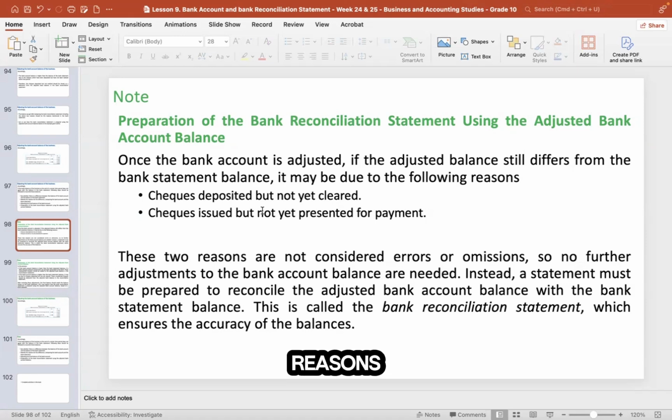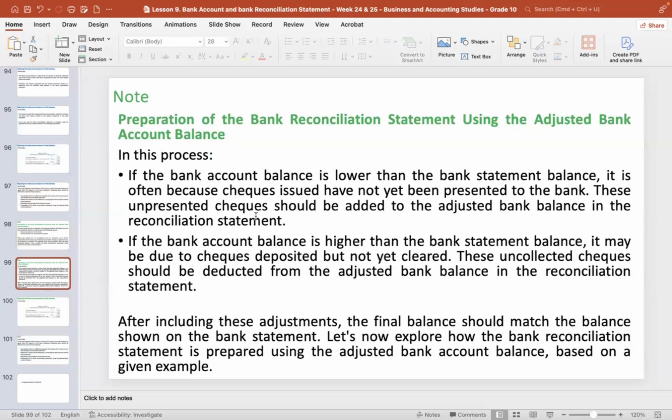These two reasons are not considered errors or omissions, so no further adjustments to the bank account balance are needed. Instead, a statement must be prepared to reconcile the adjusted bank account balance with the bank statement balance. This is called the bank reconciliation statement, which ensures the accuracy of the balances.